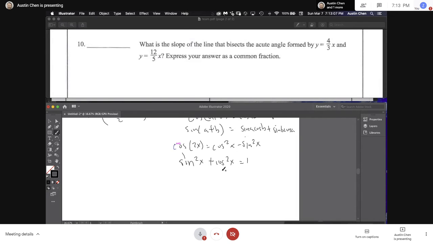And with this, you can say sine squared of x equals 1 minus cosine squared of x, and you can say cosine squared of x is equal to 1 minus sine squared of x. And you can see that we have sine squared of x and cosine squared of x here.